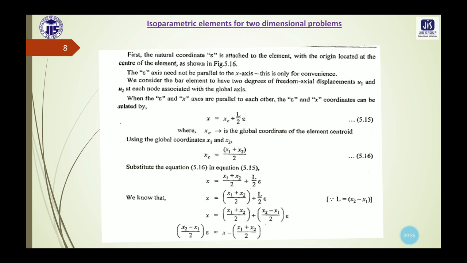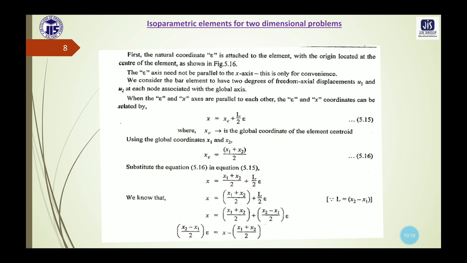And here xc is the global coordinate of the element centroid. Now using the global coordinates x1 and x2, we can write xc equals x1 plus x2 by 2. So this is our equation number 5.16.